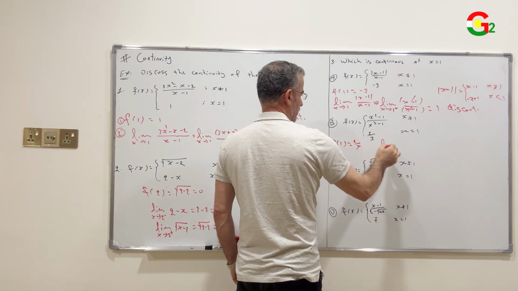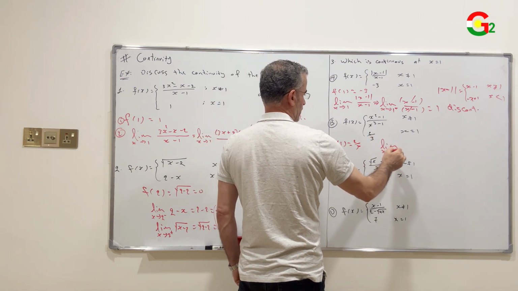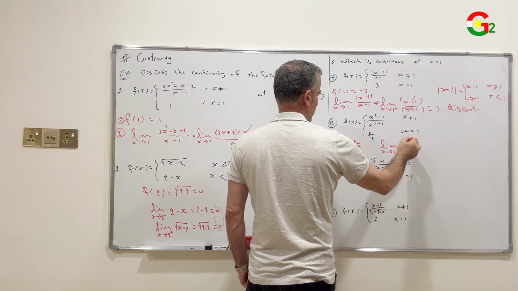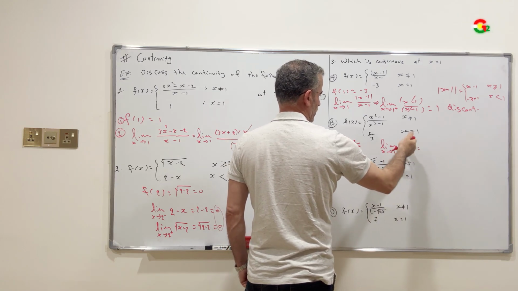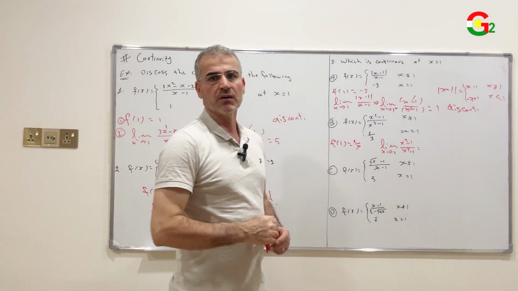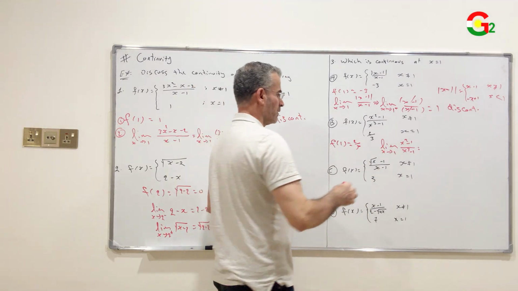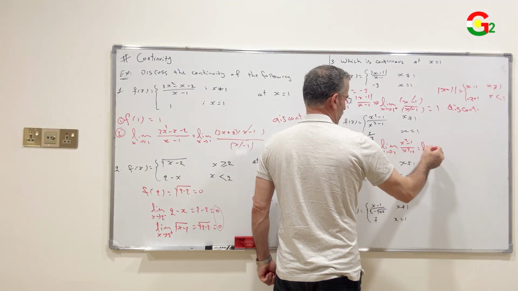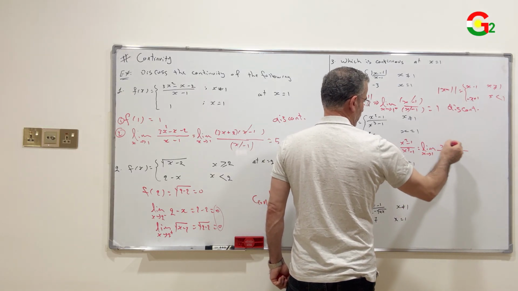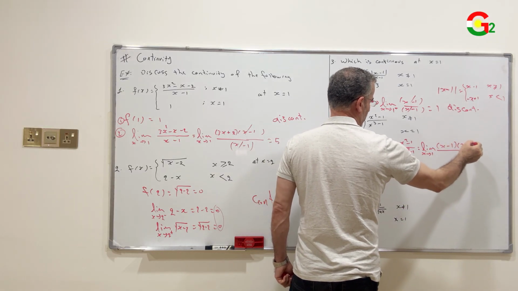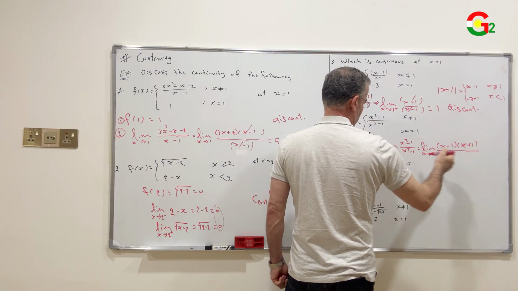The limit when x approaches 1 of (x² − 1)/(x³ − 1): substitute directly, the answer is 0 over 0. Then open the numerator as a difference of two squares: (x − 1)(x + 1).